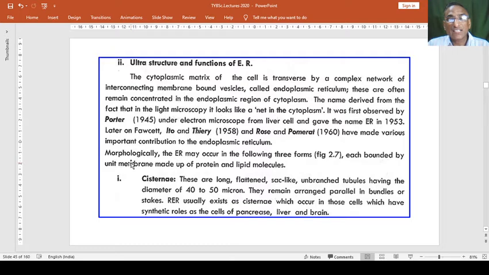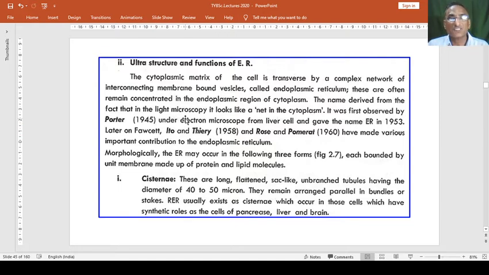They reported that the endoplasmic reticulum may occur in the following three forms, each bounded by a unit membrane made up of protein and lipid molecules. First is cisternae. These strands, one over another, are nothing but the cisternae. If they form pieces in a globular manner, we can say that they form vesicles.